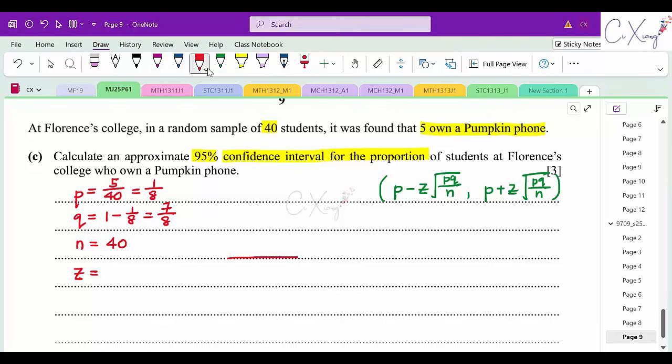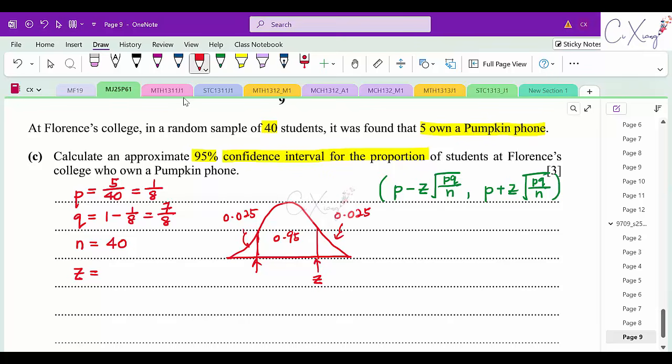You might need to use a diagram to help you a little bit. When I'm having a confidence interval, right? The 95% basically means that it is 0.95 in the center, right? Then this will be the value of Z, and this is the value for negative Z. To get the value of Z, I try to write out all the areas first.